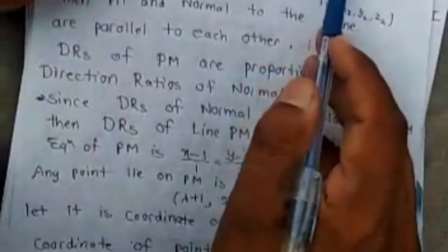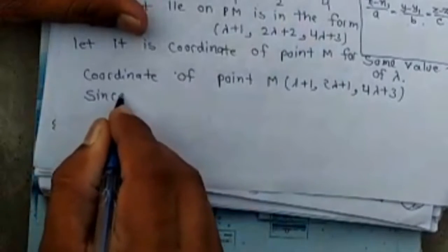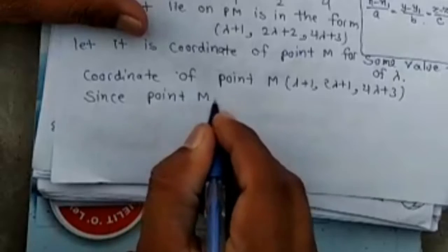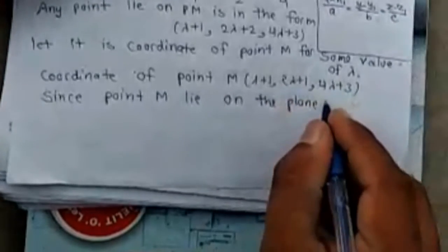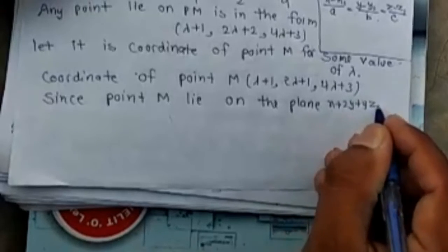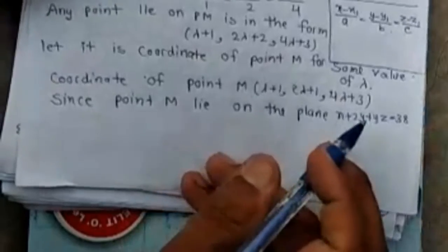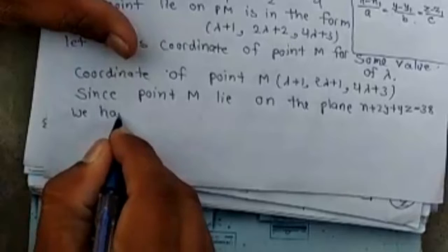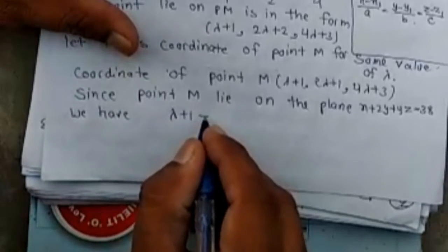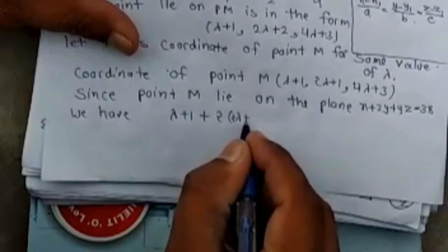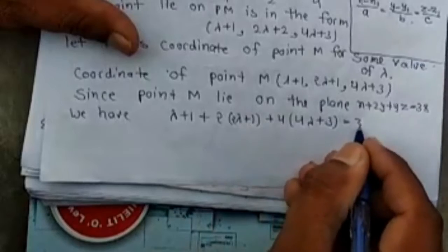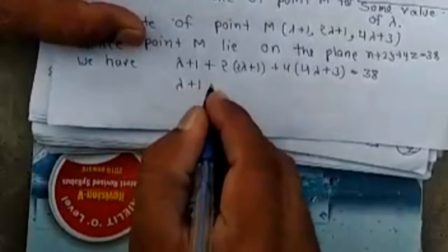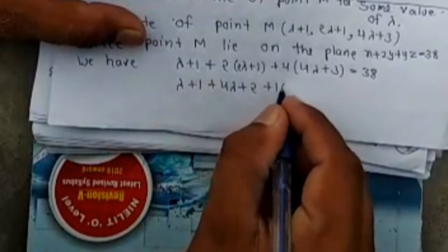Since point M lies on the given plane x + 2y + 4z = 38, this point must satisfy the plane. So we have (lambda plus 1) plus 2(2 lambda plus 2) plus 4(4 lambda plus 3) equal 38. That is lambda plus 1 plus 4 lambda plus 4 plus 16 lambda plus 12 equal 38.